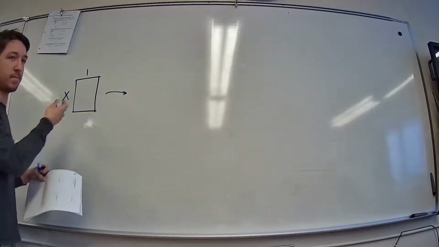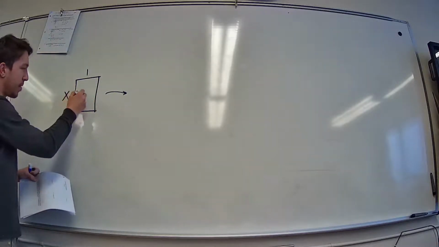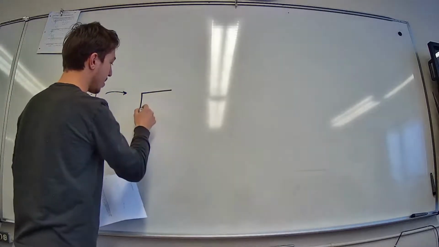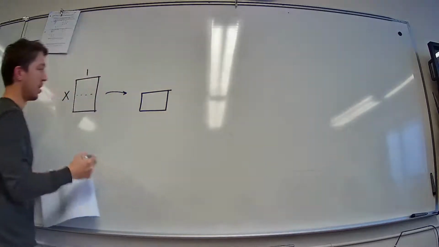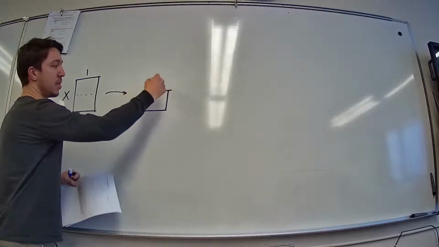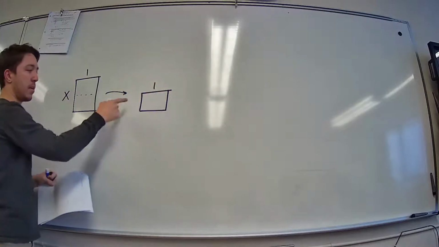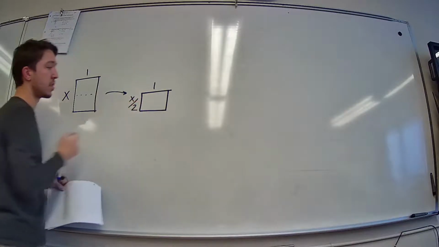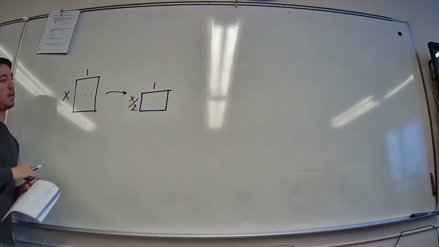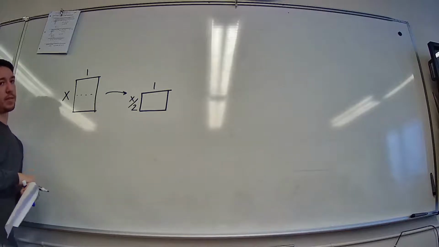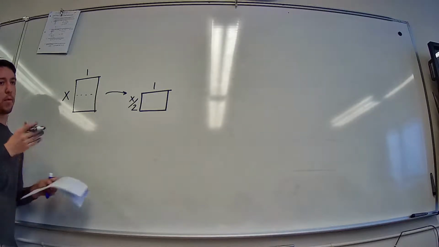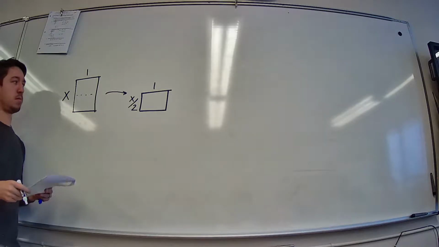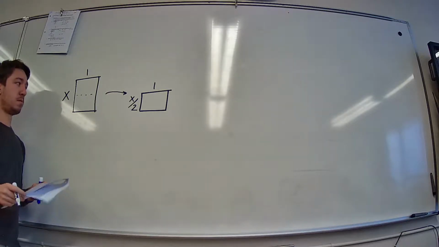Now, what should we do? Let's fold it in half. Now our piece of paper looks like this. How long is that? Half of x. Okay. Now what equation could I write about proportions, like the ones we were just writing a few minutes ago?